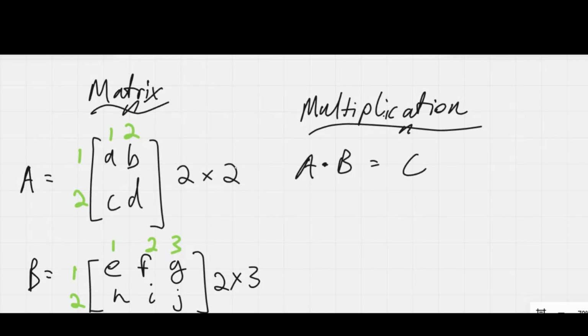So the number of columns in matrix A must be equal to the number of rows in matrix B. And so as long as these two are equivalent to each other, then we can multiply them.